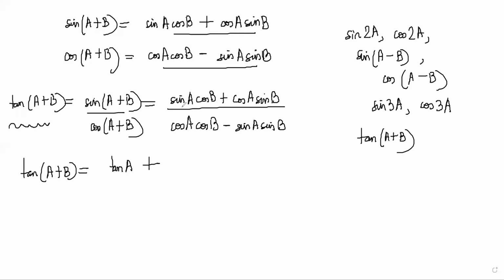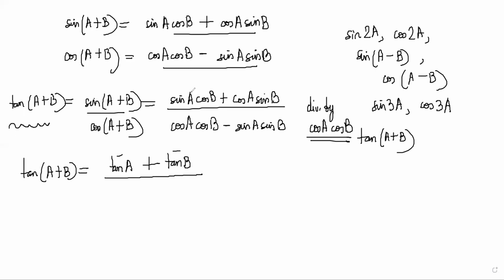And here also, cos A cos B, I'm dividing it. So it will be sin B by cos B, so tan B. I'm dividing by cos A cos B up and down. You understand how it will become tan A and tan B?